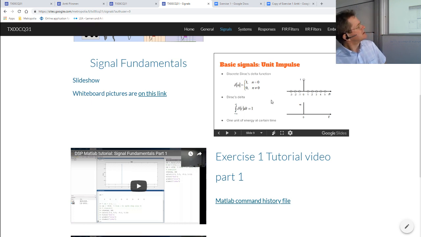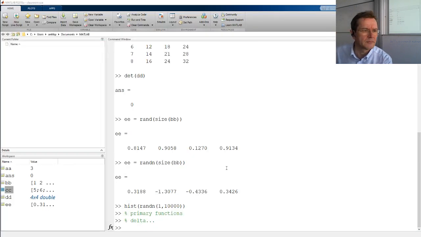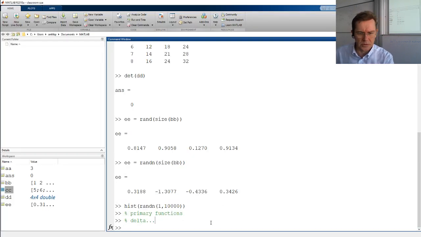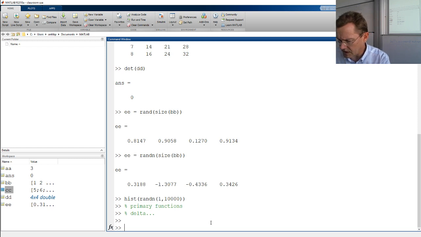Unit impulse. So what we need is an n to calculate the direct delta, and basically there I have from -3 to +5. That's our region of interest. So region of interest would start.